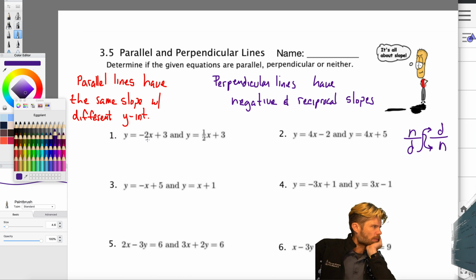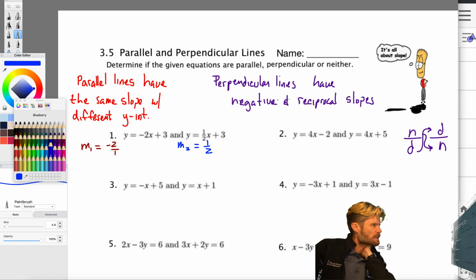So for number 1, y equals negative 2x plus 3 and y equals 1/2 x plus 3. Are these parallel, perpendicular, or neither? Well, the slope for the first one is negative 2 over 1. Slope for the second is 1 over 2. They're both negative.